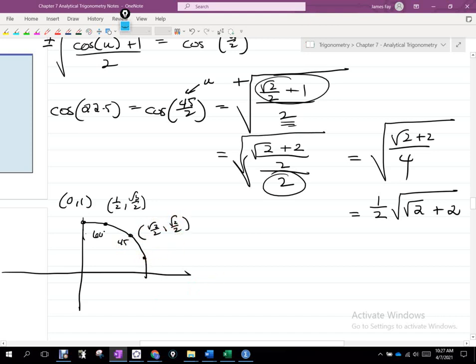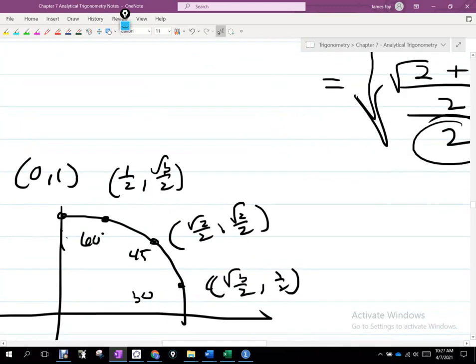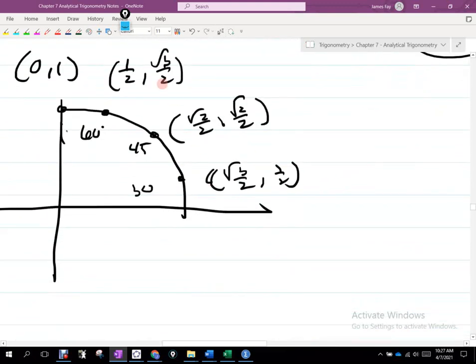At 30, we have radical 3 over 2, 1/2. But now remember, with the sum and differences, we were able to find that angle there at 15 and that angle there at 75. And off the top of my head, I don't remember what those were. There's radical 2 plus radical 6 over 4 and radical 2 minus radical 6 over 4.